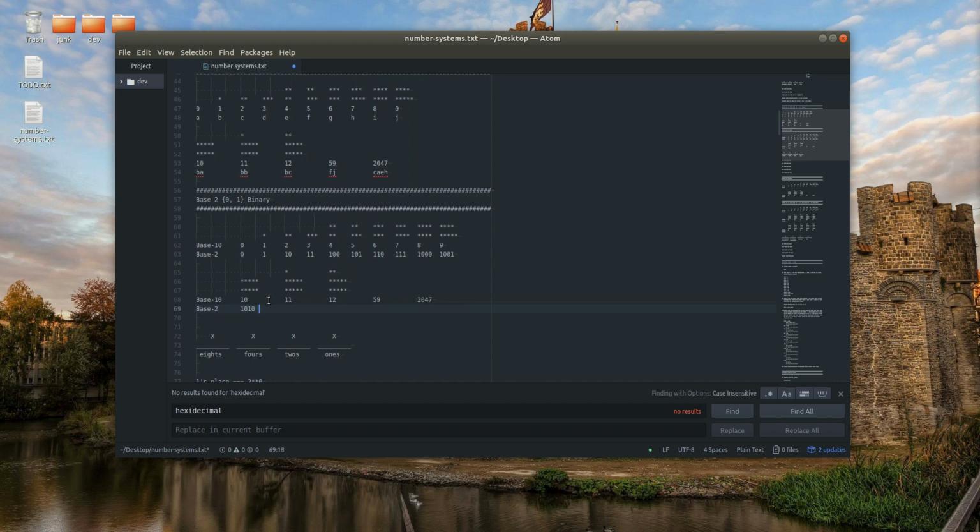So 8 plus 2 is 10. 11 is 1 8, 0 4s, 1 2, and 1 1. 12 is 1 8 and 1 4 and 0 2s and 0 1s.